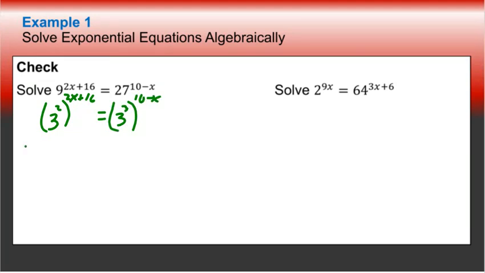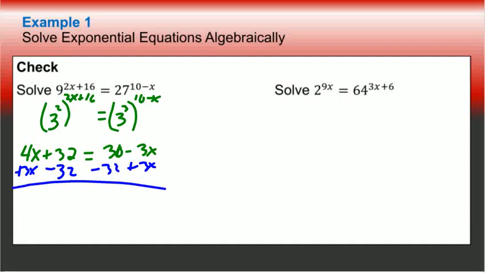So this will give us 4x plus 32 equals 30 minus 3x. I get our x's to one side, so I'm going to add 3x. Then I'm going to subtract 32. And I get 7x equaling negative 2. Divide by 7, and x would be negative 2/7.